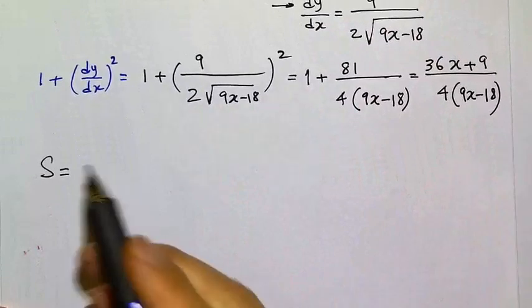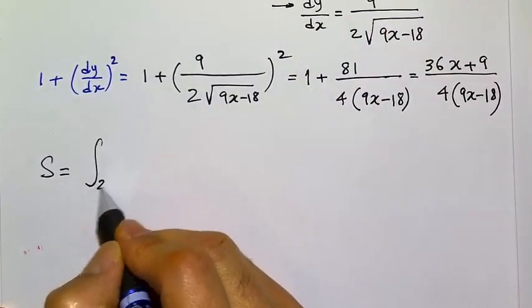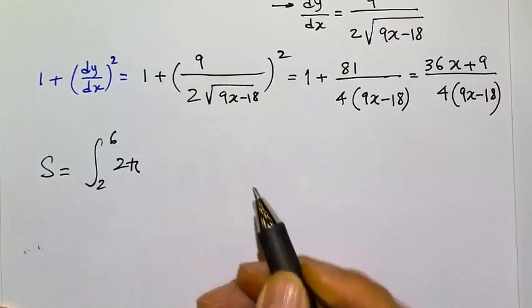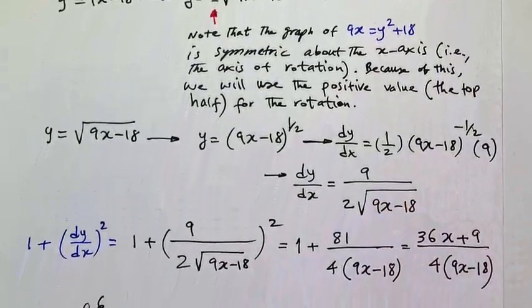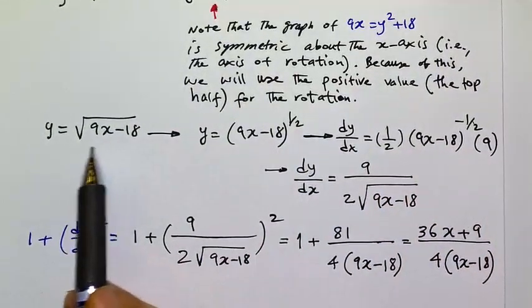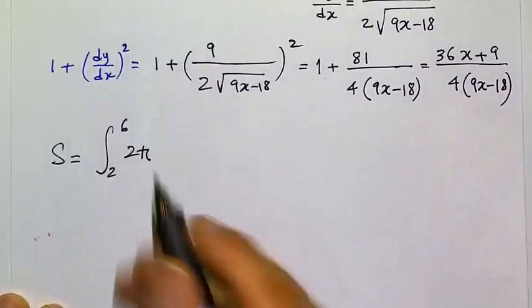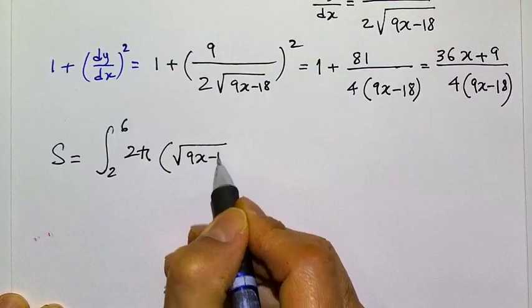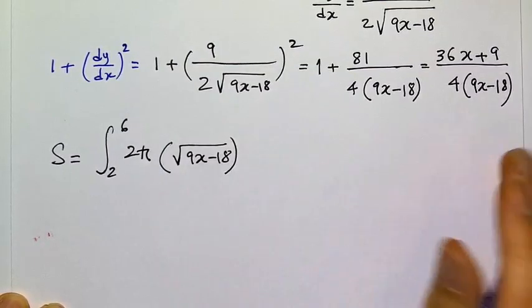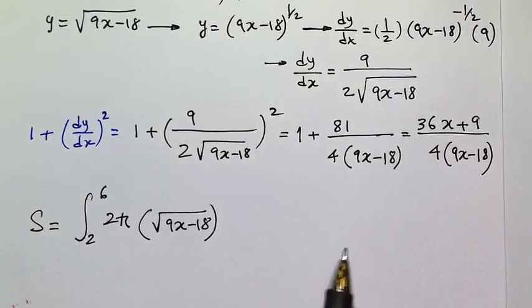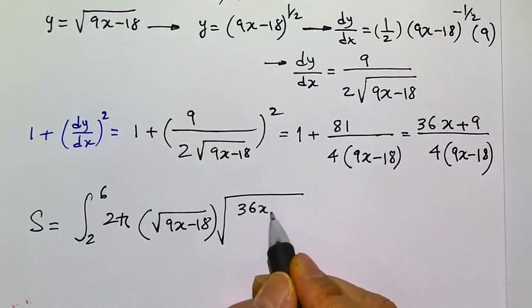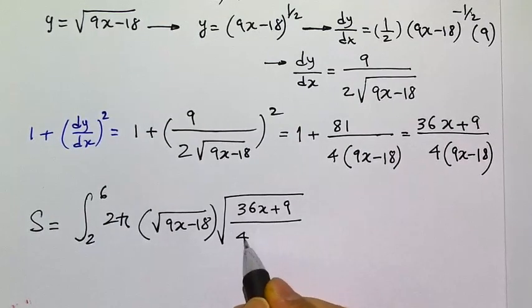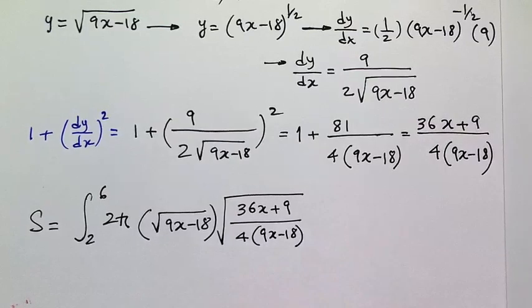So we have the integral from 2 to 6 of 2 pi times y, which is what we figured out a few minutes ago, that one, square root of 9x minus 18, times the square root of all of this, and of course, let me not forget dx.